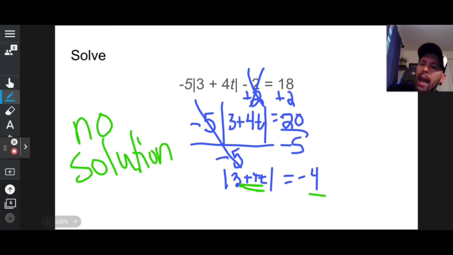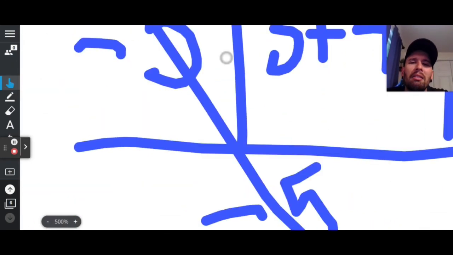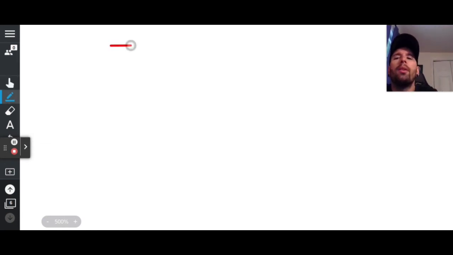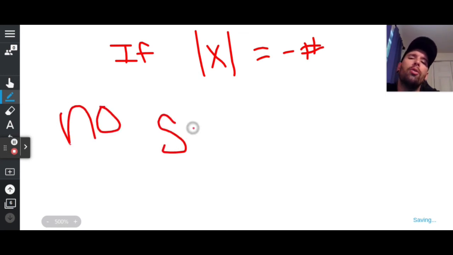So, I know what I'll do. I'll zoom in and create my own brand new screen. If the absolute value of x equals a negative number, no solution.